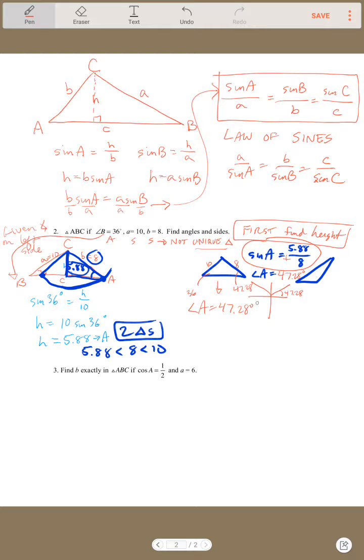So from here, well, I guess why don't we just finish this particular triangle off? If we know that A is 10 and B is 8, let's go ahead and find C. We need to find angle C, and we need to find side C. Well, if a triangle is made up of 180 degrees, that must mean that angle C is equal to 180 minus, what do we got? 36 plus 47.28 degrees. Okay, let's go ahead and do that.